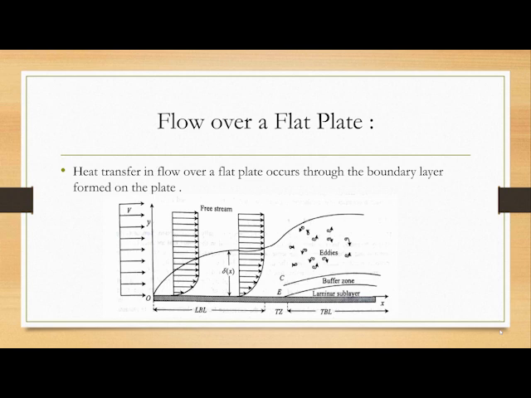Let us consider the flow of a fluid over an immersed flat plate, as it could be seen from the image, at zero angle of incidence, which means that the plate is oriented along the direction of flow of the bulk fluid.